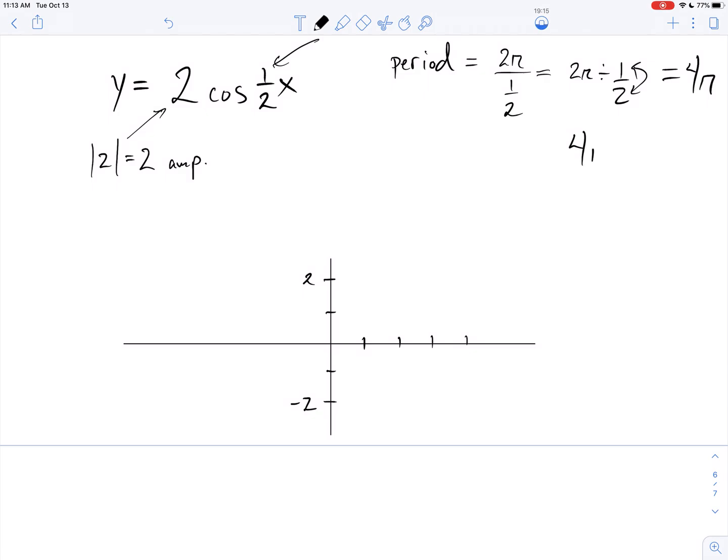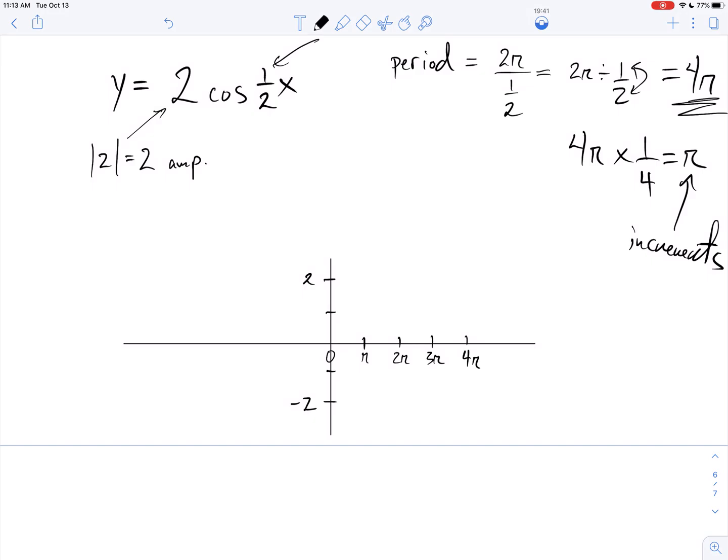So 4 pi times 1/4 gives you pi increments, meaning your graph is going to start at 0 and then go 1 pi, 2 pi, 3 pi, 4 pi, stop. That's where I stop. I stop at 4 pi. My period, this graph will do its thing between 0 and 4 pi.